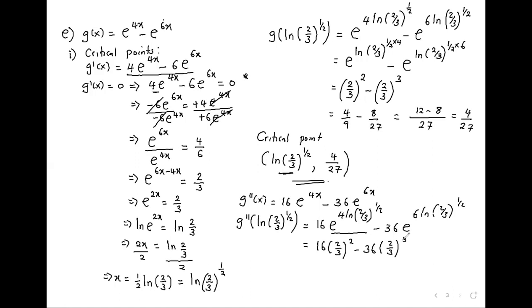So now, what are we getting? 16 times 4 is 64/9, minus 36 times 8 over 27, which is 288/27.